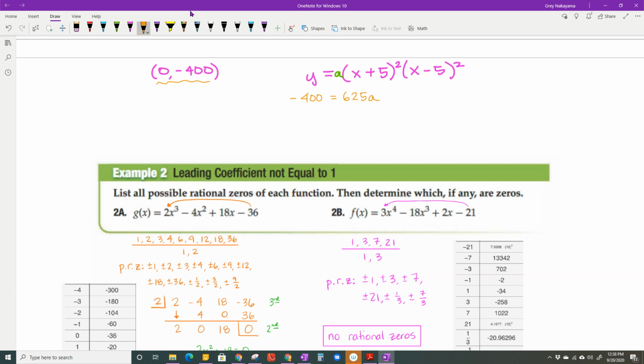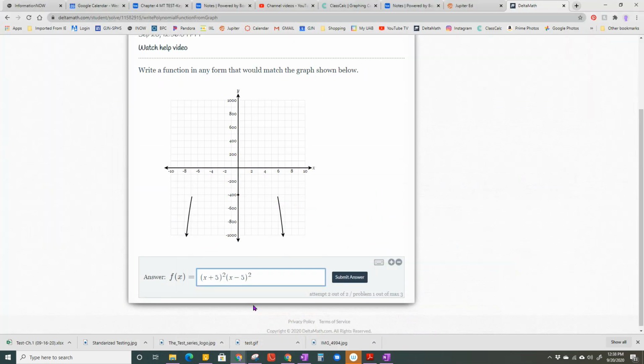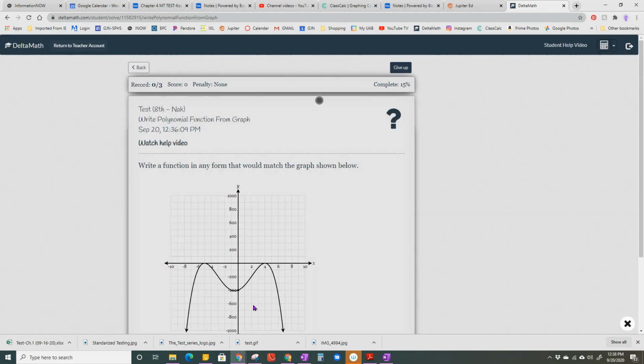So I'm going to divide both sides by 625, and negative 400 divided by 625 is equal to negative 0.64. So when I go back, I have to put a negative 0.64 in front of that. And let's hope that was right.